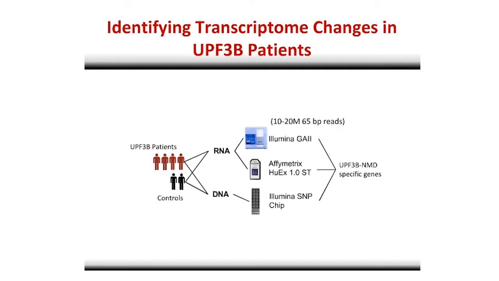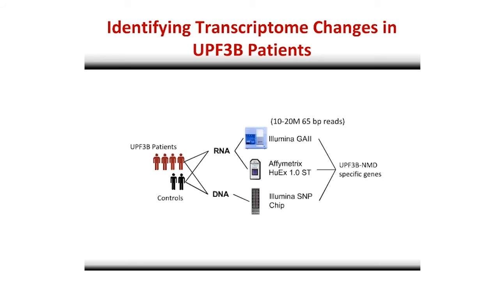So how do we begin to work out what the underlying pathological mechanism is? Well, we took advantage of our cell lines that we had derived from our affected individuals. You can see 4 of them here. We collected blood cell lines from them, and compared to 2 normal healthy control individuals, we compared the transcriptome using both RNA sequencing and also microarray.